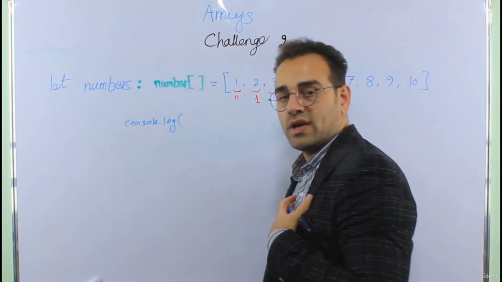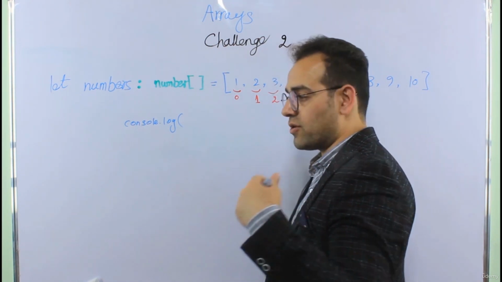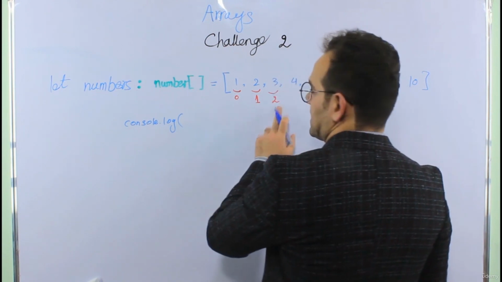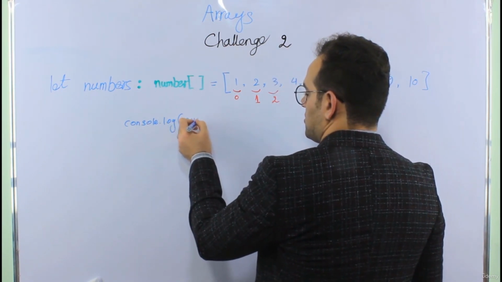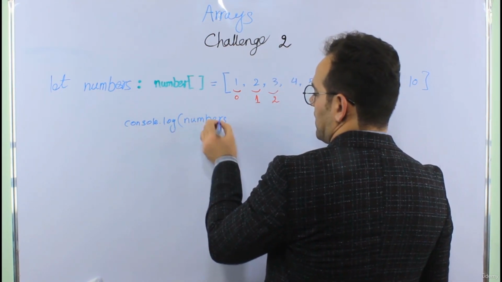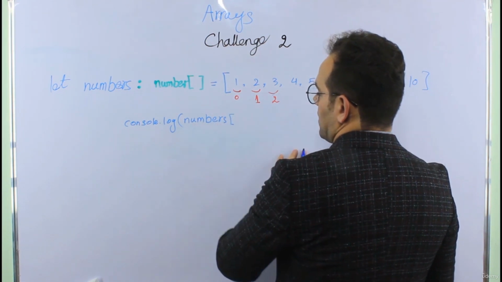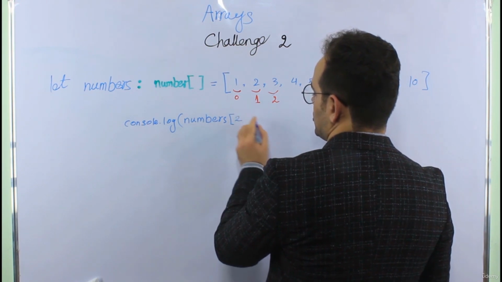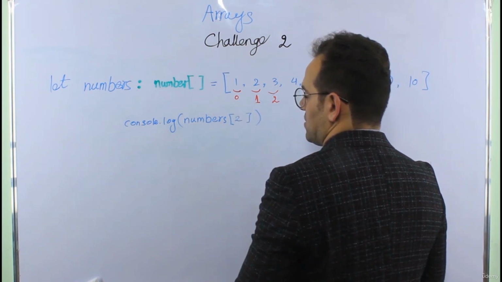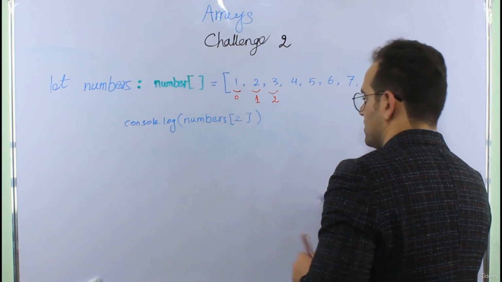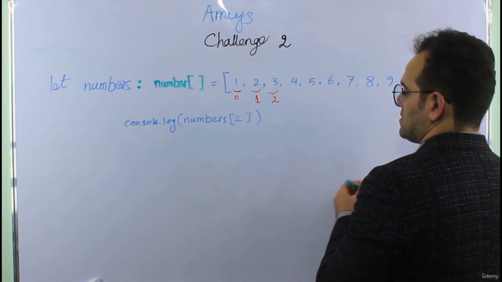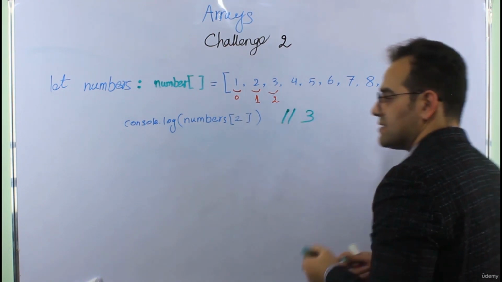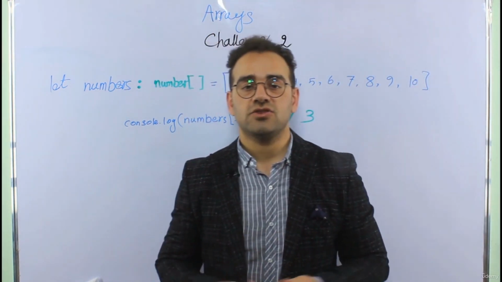First, we need to reference the array that we're trying to grab the second indexed item from. It is the numbers array. So this is a reference to the array. And then what is the index of this value? The second index is going to be 2. And what is this console log going to give us? The console log is going to give us a value of 3. That's it for this challenge. See you in the next one.